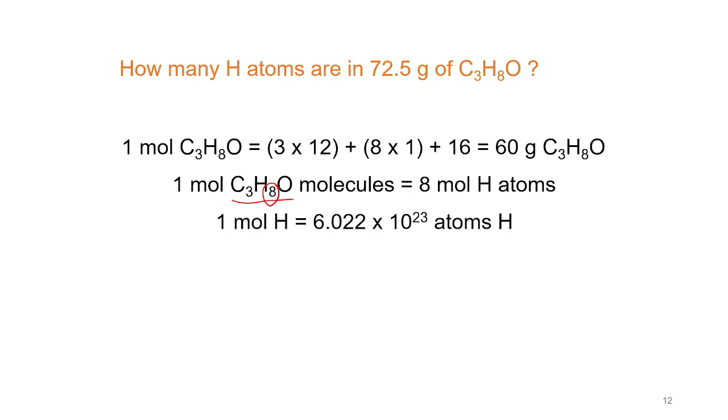We also know that 1 mole of hydrogen has 6.022 times 10 raised to 23 atoms of hydrogen via Avogadro's number, wherein 1 mole of any compound or any atom or any element has 6.022 times 10 raised to 23 atoms.